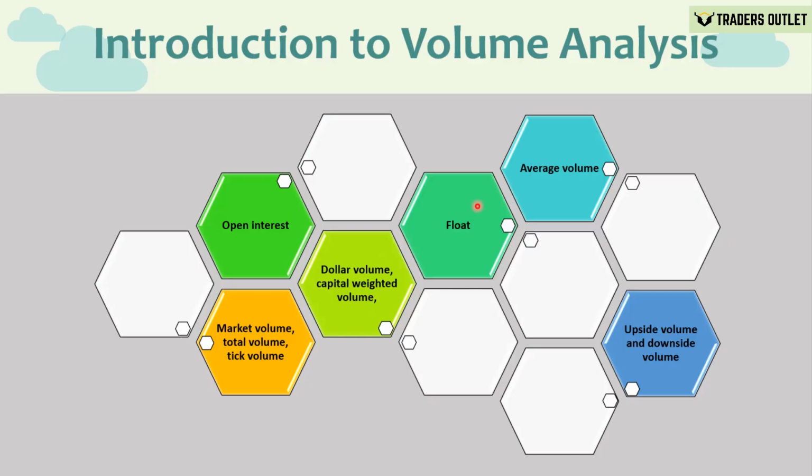Next we have float. Float is the number of shares. It's usually associated with shares. How many shares of a corporation are owned by the public and available for trading. This is also called free float or market float. So market float will tell you how many shares of a particular corporation are available in open markets to be traded.